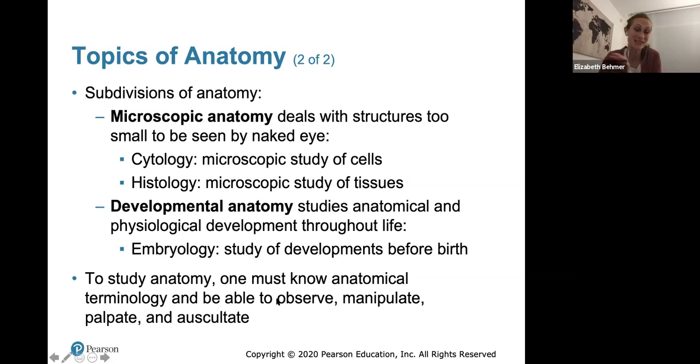And you can take classes just completely on embryology if you go on to future graduate school, medical school, physical therapy. So embryology is a whole other layer or topic of anatomy. To study anatomy, one must know anatomical terminology and be able to observe, manipulate, palpate, and auscultate.